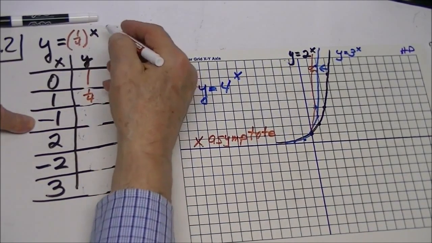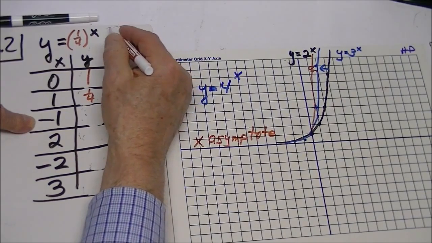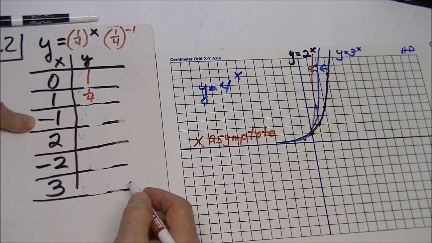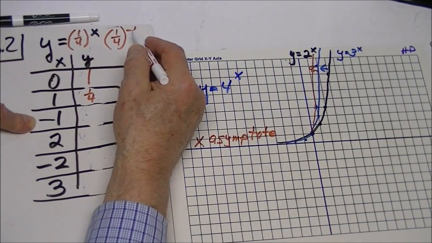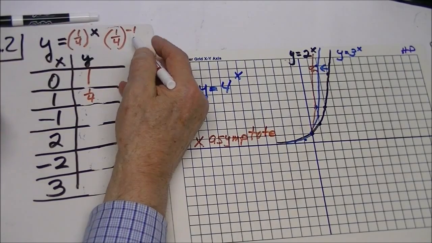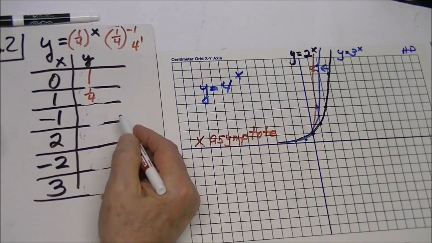Now, 1/4 to the negative first power, we had said if this is a negative exponent, we just flip this around and this becomes 4 to the first.